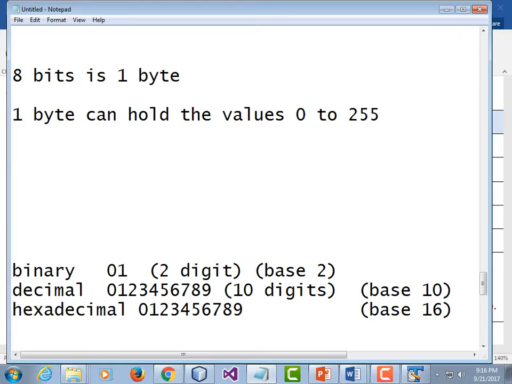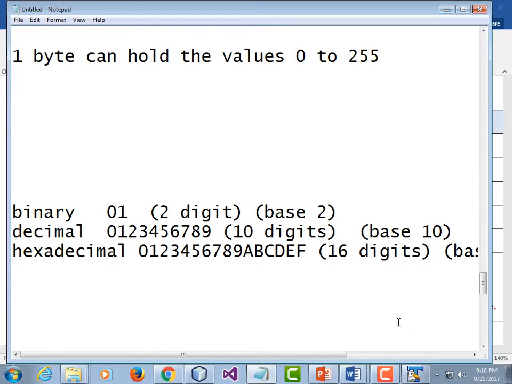But for ease of use, A, B, C, D, E, and F rounded out to give ourselves 16 digits. And the idea may seem weird, but let's hop back in our car, but this is a hexadecimal odometer. So we're driving along.